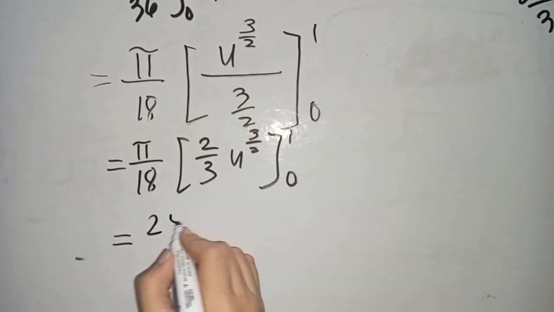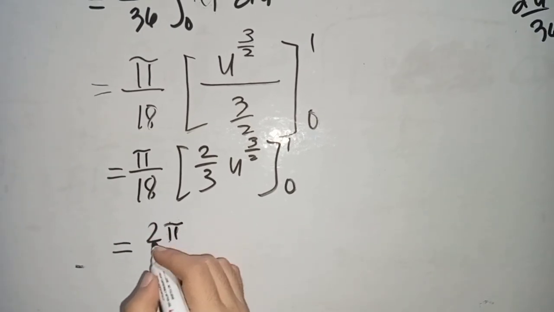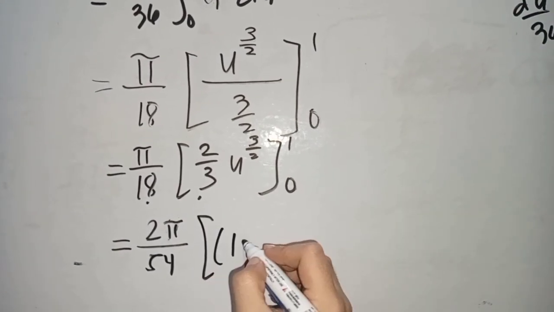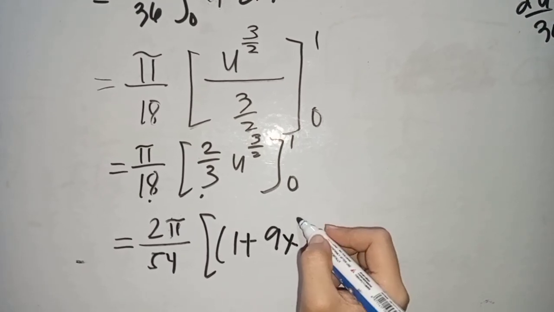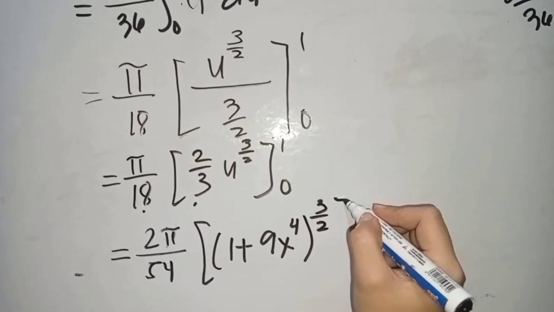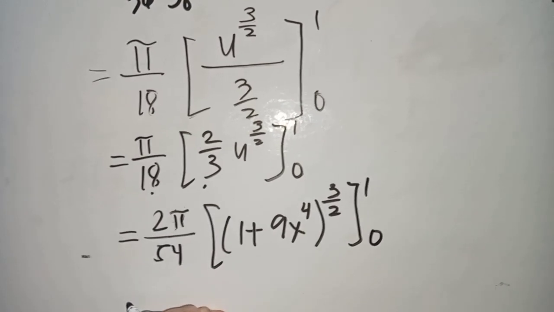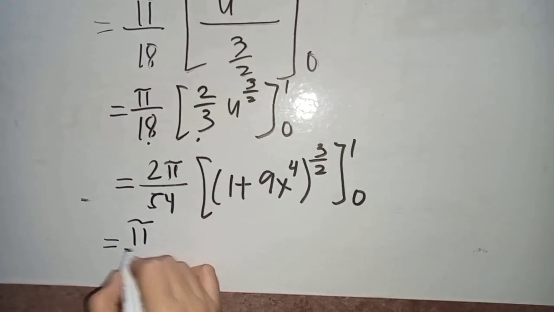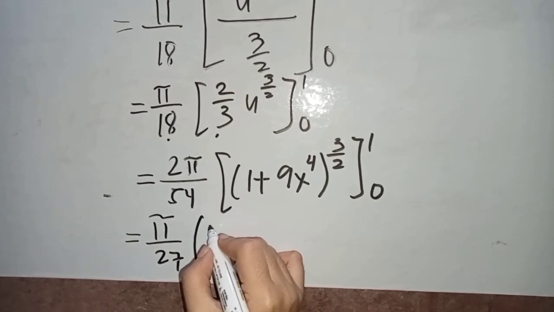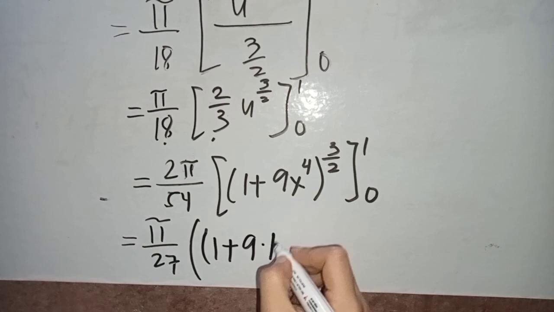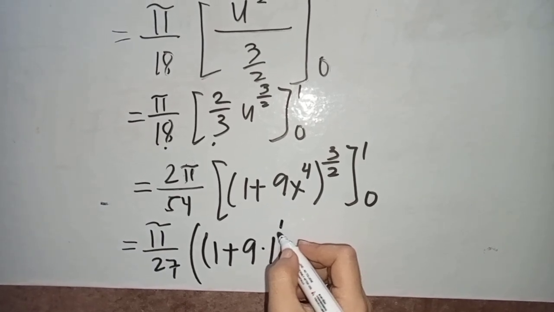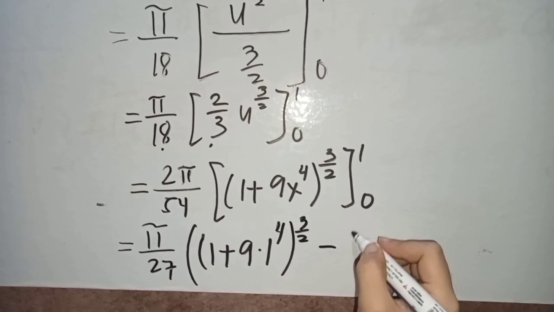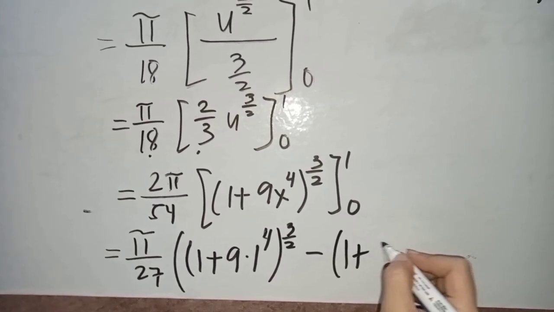To clean up my work, we can pull the 2/3 outside and multiply it by π/18, and then replace u with what we set it equal to. So we have 2π/(18·3), which is 2π/54, times (1 + 9x⁴)^(3/2), evaluated from 0 to 1.